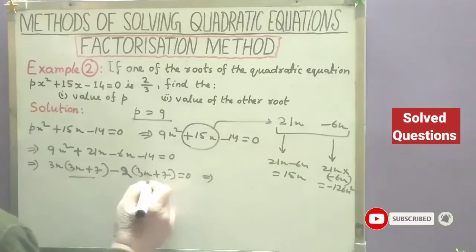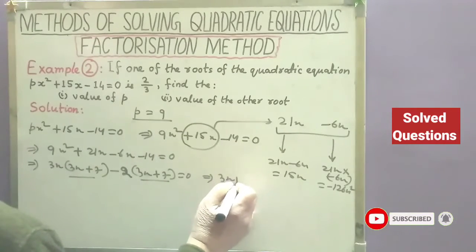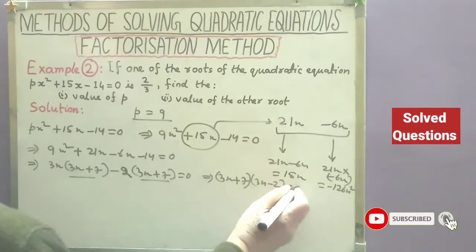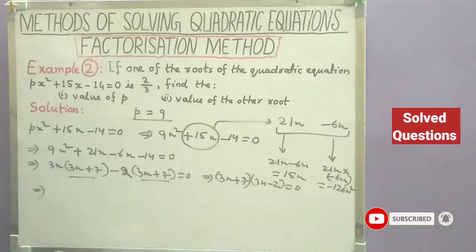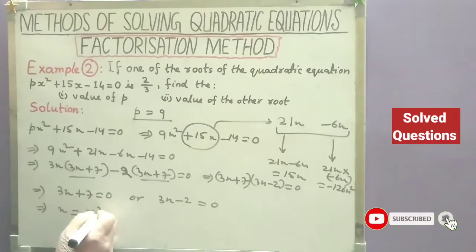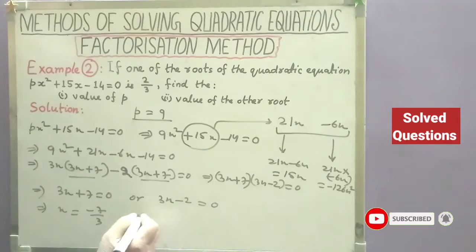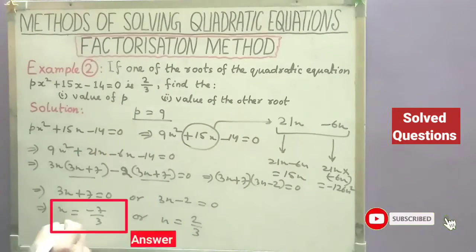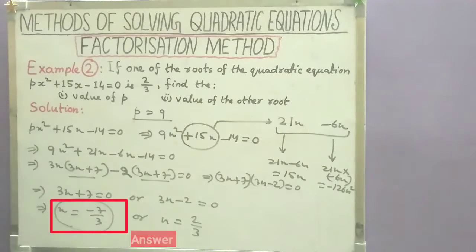Now taking 3x + 7 as common, we have (3x + 7)(3x − 2) = 0. That implies that 3x + 7 = 0 or 3x − 2 = 0. That implies that x = −7/3 or x = 2/3. Hence, x = −7/3 is the other root of the equation.